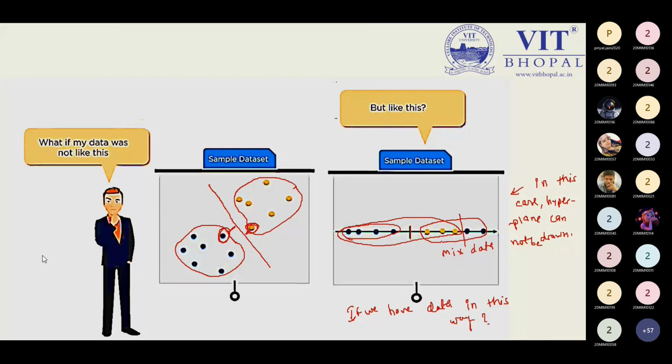So here we have some sample data which is depicted on our screen. We have the data in two parts, but we have the data in normal form, no issue.